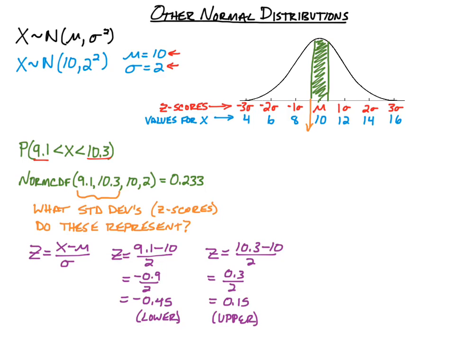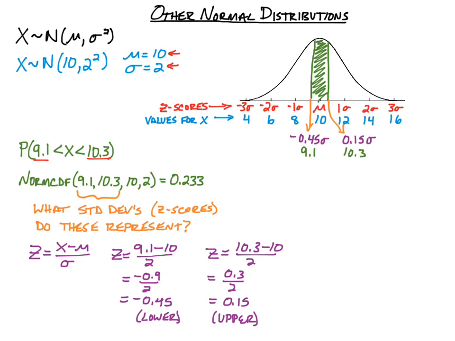So that means here at this line, at this portion of the curve, we have a standard deviation of negative 0.45, and we have an x value of 9.1. And here on the upper bound, we have a standard deviation of 0.15, and we have 10.3 for our x value.